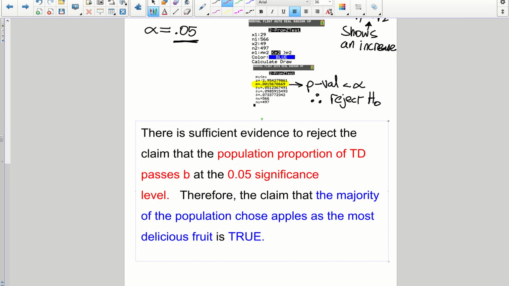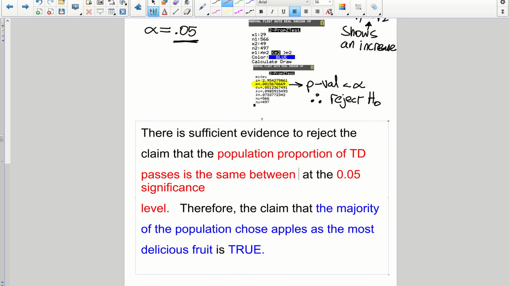So this time it's sufficient, right? Yeah, it's sufficient. Is the same between 2003 and 2004, at the 0.05 significance level.